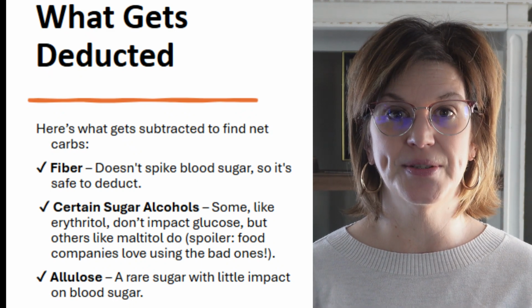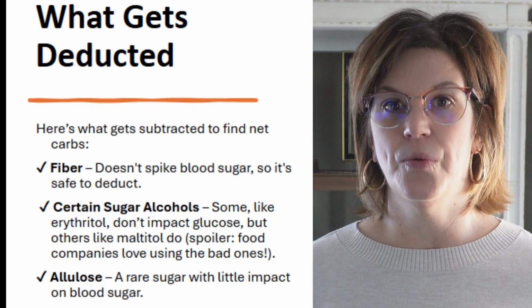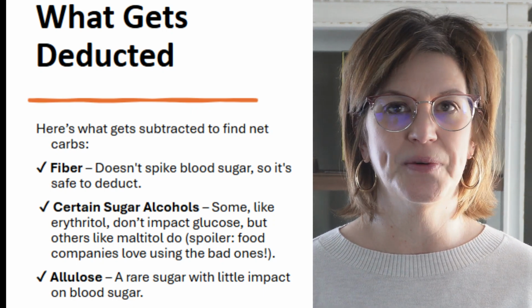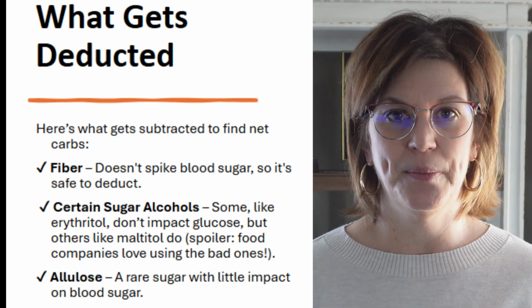Okay, so allulose. Allulose is a natural sugar that's been around a while, but it's gaining popularity because we're finding it has some beneficial effects similar to the GLP-1 inhibitors. It keeps you full longer and it does not have a big impact on your blood sugar. So that can be deducted from the total amount of carbohydrates.